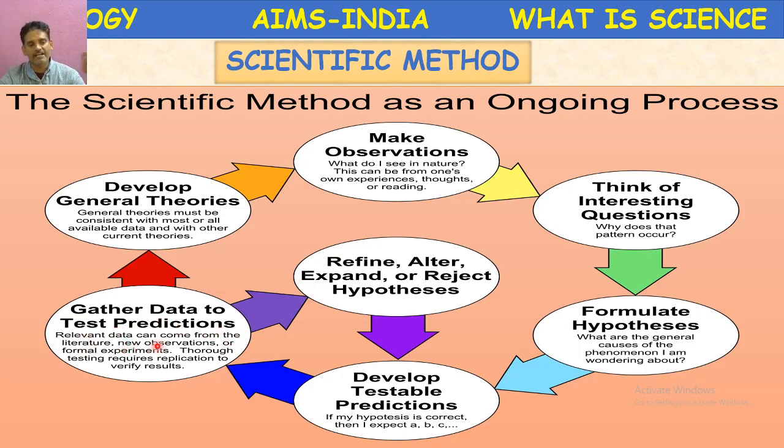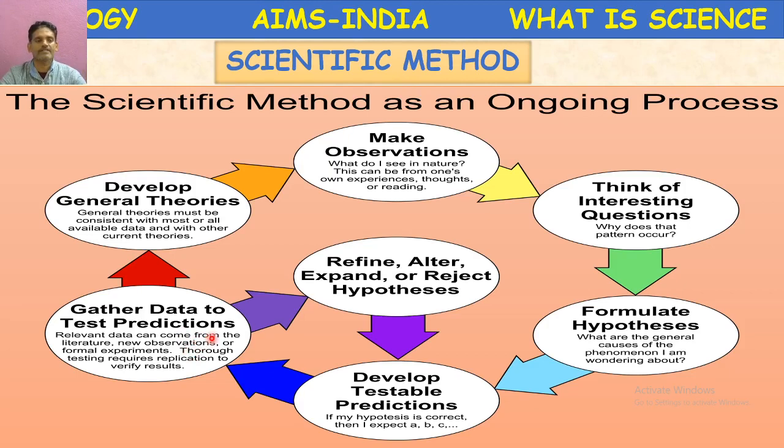How? The relevant data can come from the literature, new observations, or formal experiments. Thorough testing requires replication to verify results. Your experiment should be very accurate.